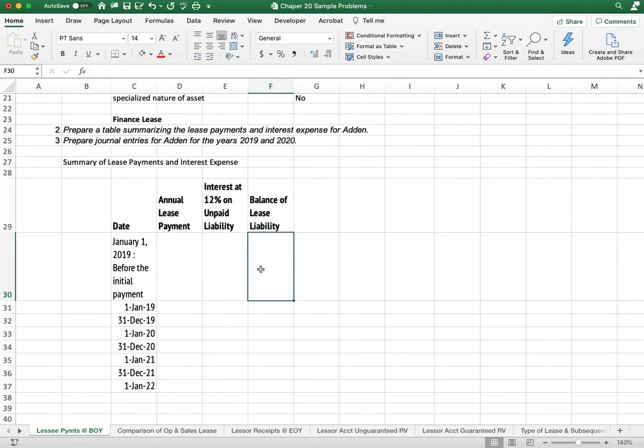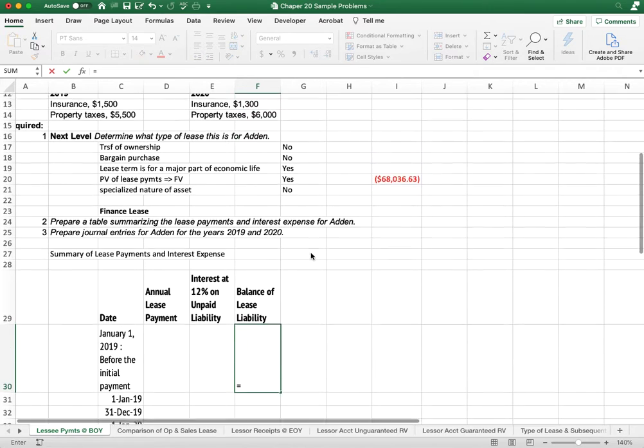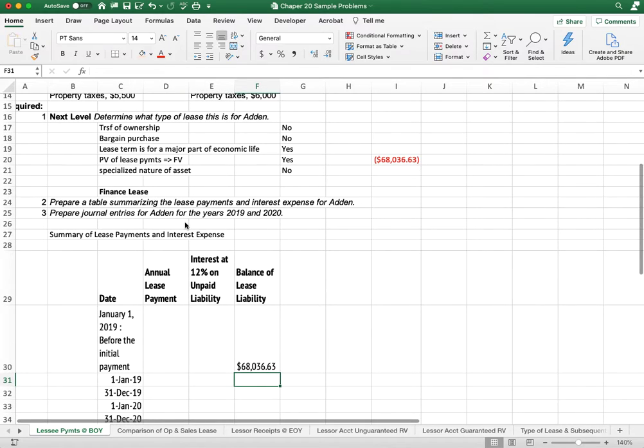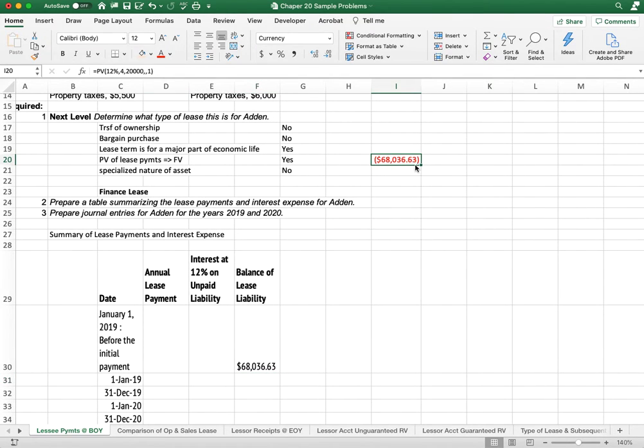And so before the initial payment, we have a balance of lease liability of $68,036.63. I'm going to switch a negative here so it puts it in the positive. And just be aware that using the present value function will give you an exact cent.